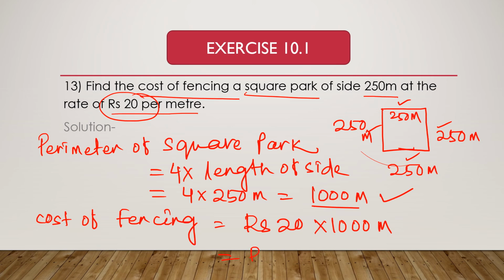So it will be 20,000 rupees. So the cost of fencing a square park is 20,000 rupees.